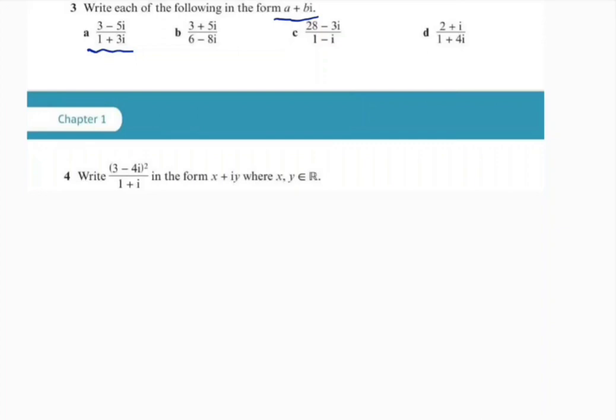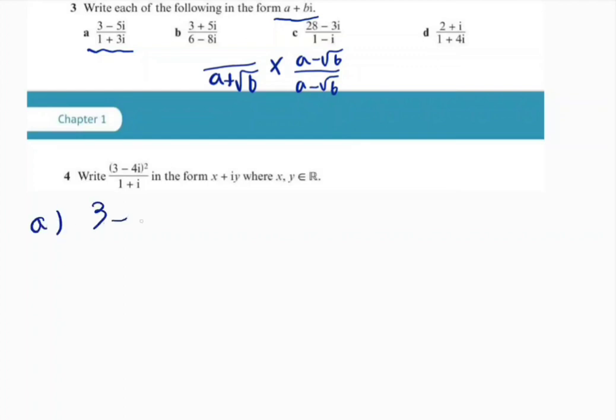This is very similar to the technique that you learned at GCSE, which was rationalizing the denominator, because in that case, if you have something like a plus square root of b, you multiply top and bottom by the conjugate, which is a minus root b. This is exactly the same here. Whenever you have an imaginary number in your denominator, you should multiply top and bottom by the complex conjugate of the denominator. That's simply the rule that we are going to follow here.